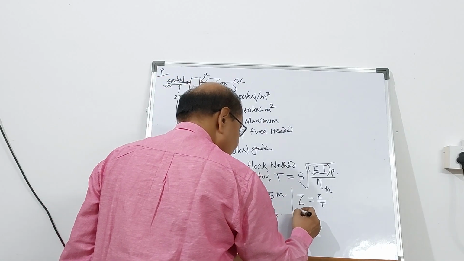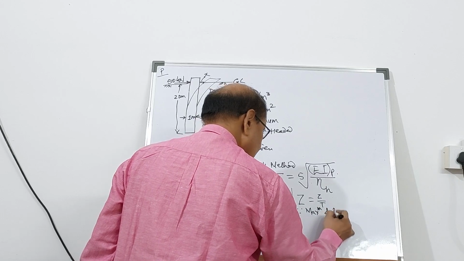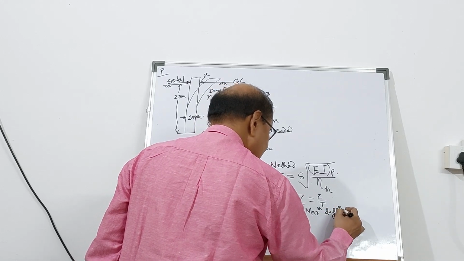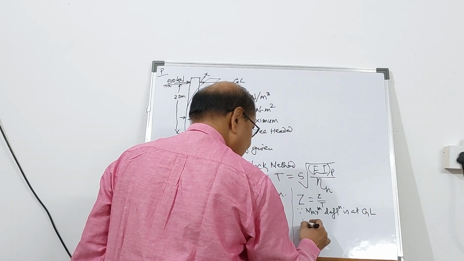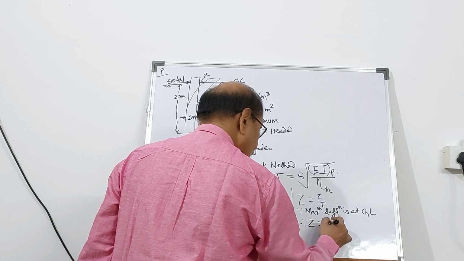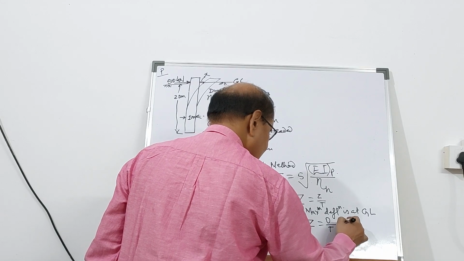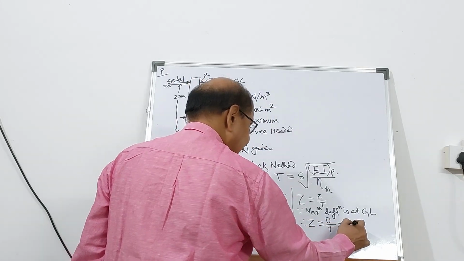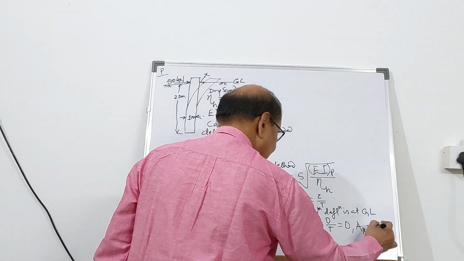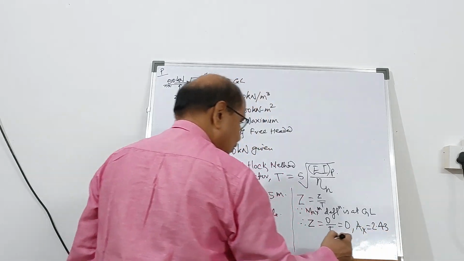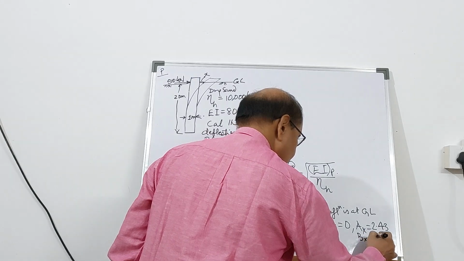Since maximum deflection is at ground level, at ground level z will be 0, so capital Z is 0. For capital Z equal to 0, the value of Ax is 2.43 and the value of Bx is 1.62.